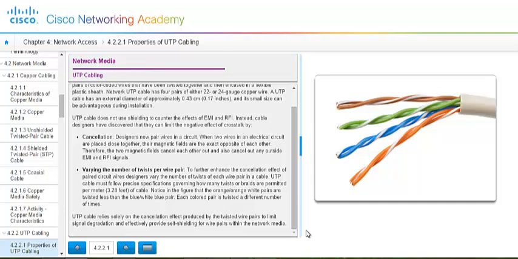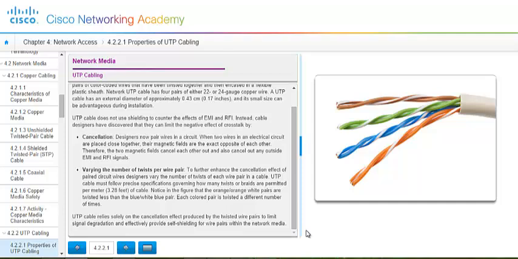To further enhance the cancellation effect of the paired circuit wires, designers vary the number of twists of each wire pair in the cable. With the unshielded twisted pair, you must follow precise specifications governing how many twists or braids are permitted per meter of cable.